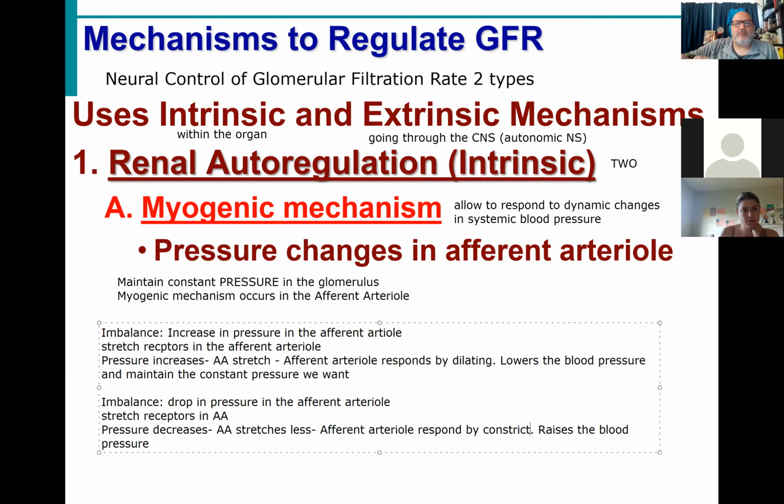Remember, as we were talking about before, there are two factors that are going to influence our glomerular filtration rate: the flow of blood coming into the glomerulus, but also the pressure of that blood coming into the glomerulus. So this myogenic mechanism is all about maintaining constant pressure. All right. Questions on this one?